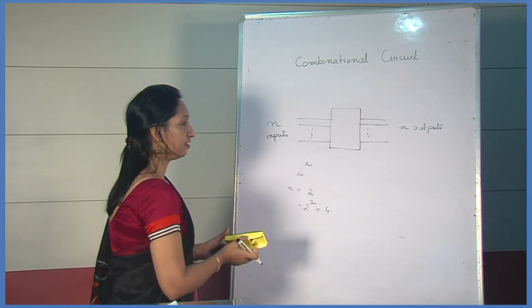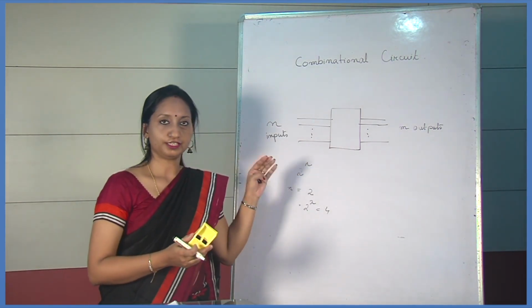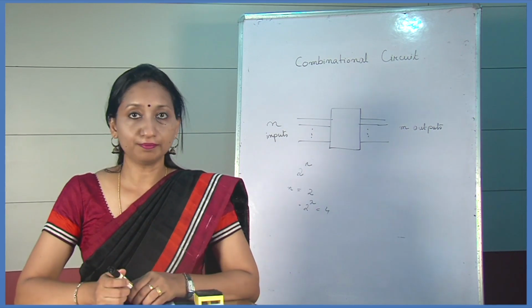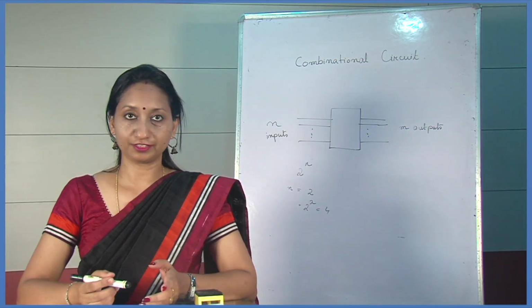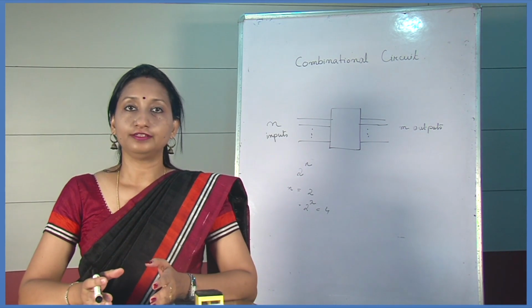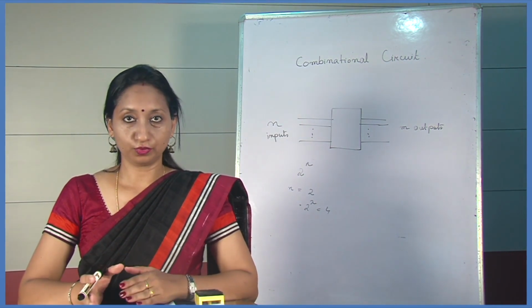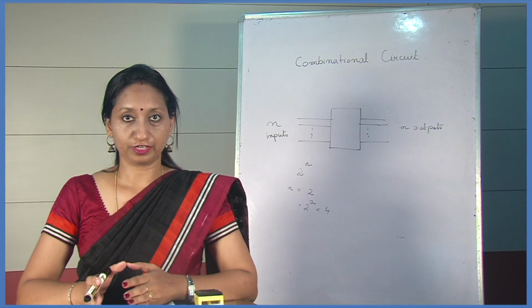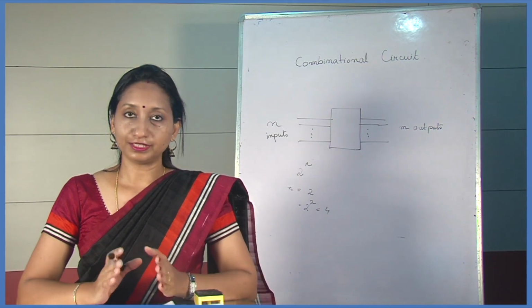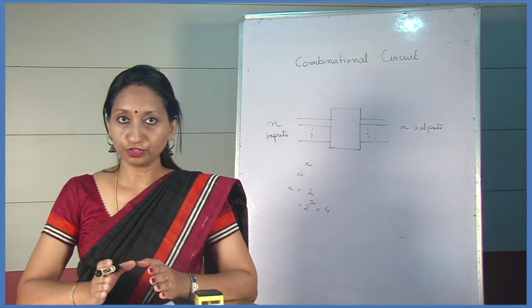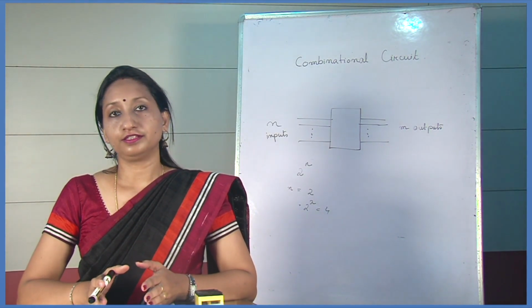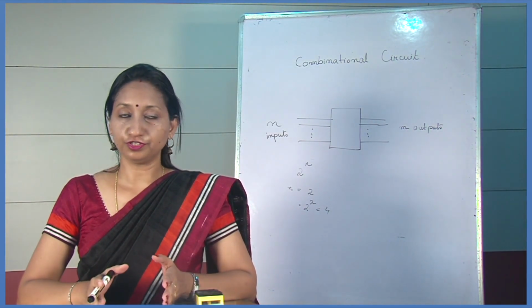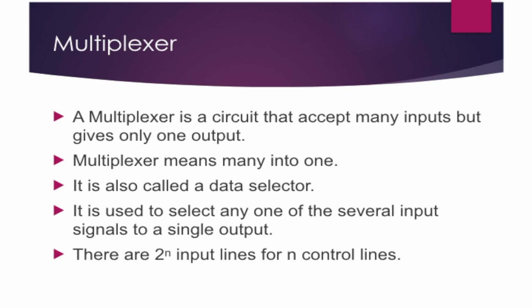Then let us see some examples of combinational circuits. Some examples of combinational logic circuits are multiplexer, demultiplexer, then encoder, decoder, then adder and subtractor. Multiplexer and demultiplexer are very important combinational circuits, and let us first see what a multiplexer is. A multiplexer is a combinational circuit which accepts many inputs and gives only one output.